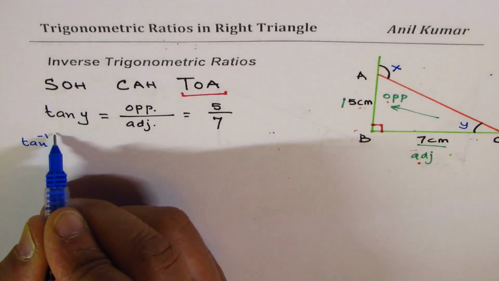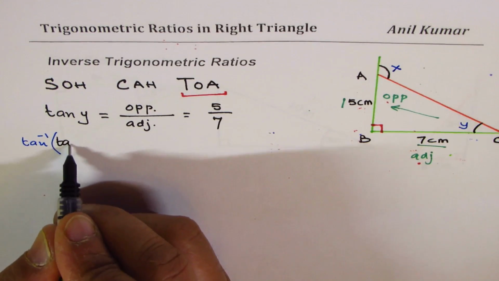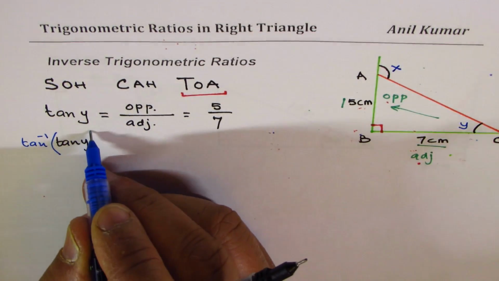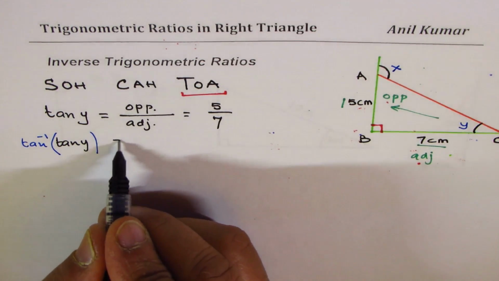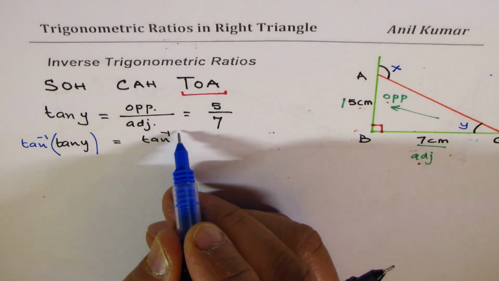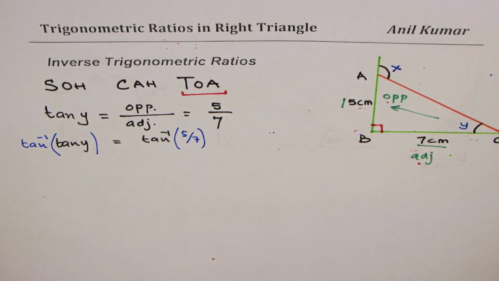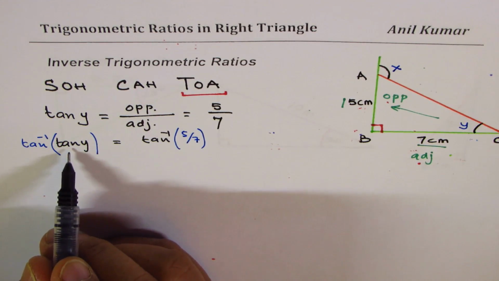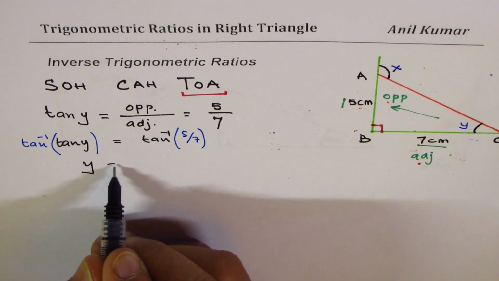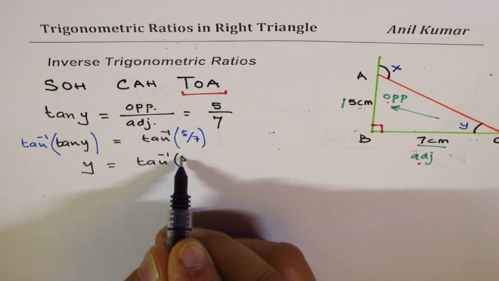So we do tan inverse of tan y, and we also do tan inverse of the right side, which is 5 over 7. Does that make sense? Tan inverse of tan y is just y. So we get angle y equals tan inverse of 5 over 7.